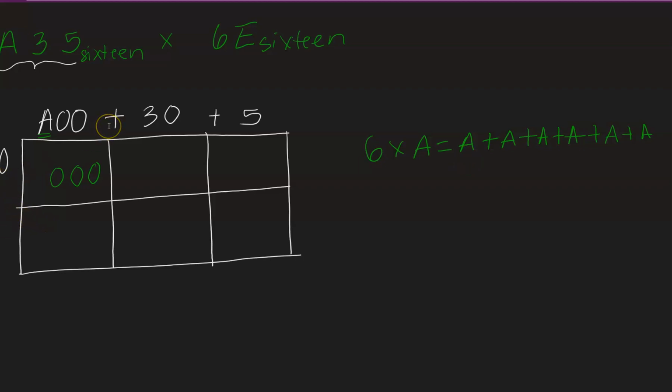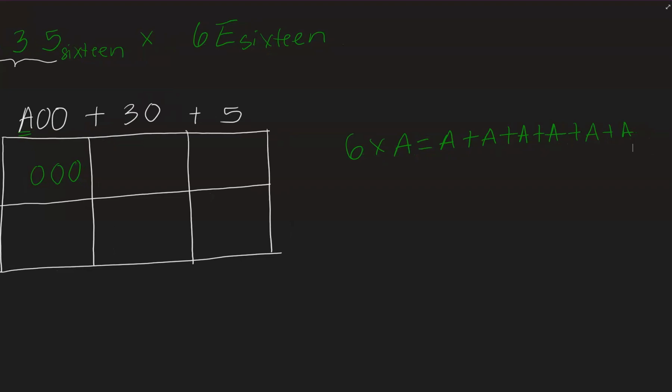Because when we are adding in base 16, or when we are counting in base 16, we need to make groups of 16, right? So the numerals for base 16 are 0, 1, 2, 3, and so on up to 9.